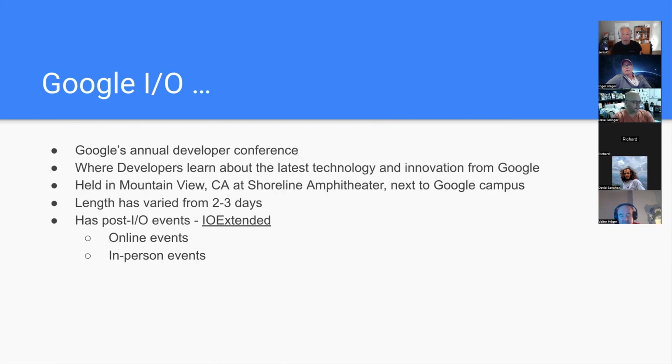All right, so what is I/O? I/O is an annual developer conference they have every year, and it's where developers, we get to go and learn more about what's going on with Google. It's at the Shoreline Amphitheater in Mountain View, California, which just happens to be right next to the Google campus, which is really good because then they can bring over all their engineers, product managers, all of that stuff to the event.